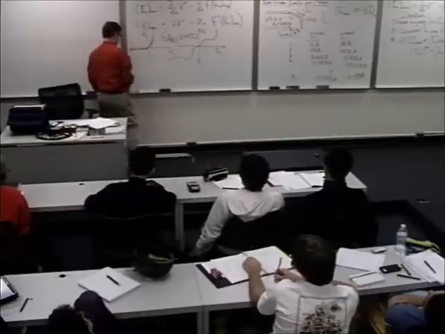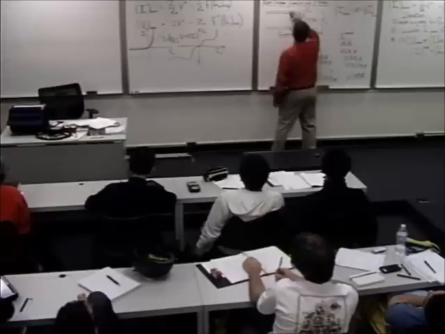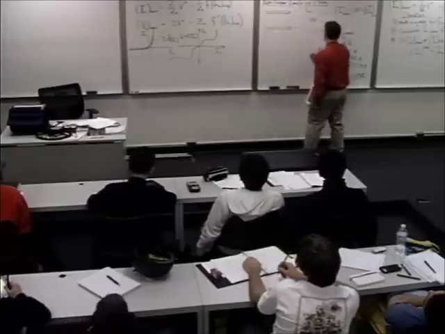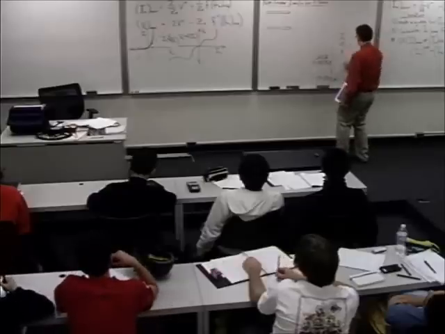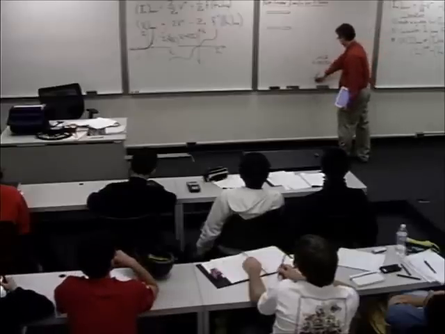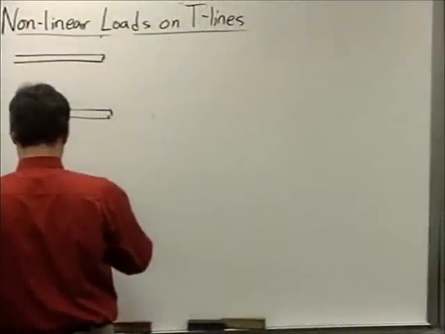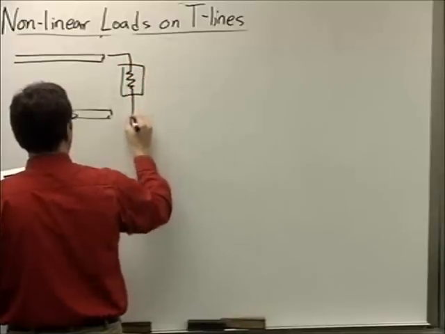So, okay, let me work through another quick example. And this time we're going to look at a square law device, a device that has the following constitutive relationship.